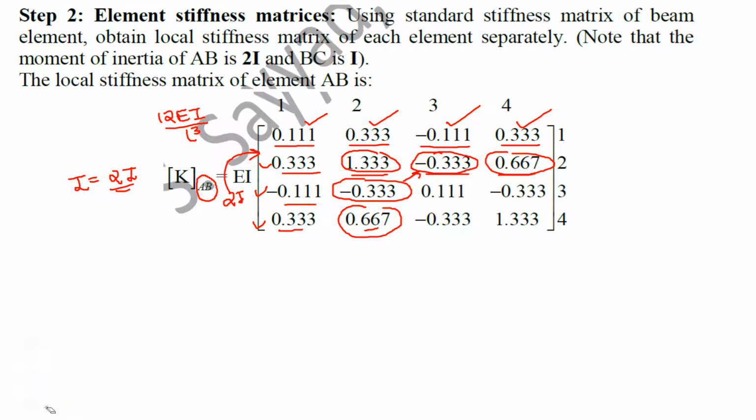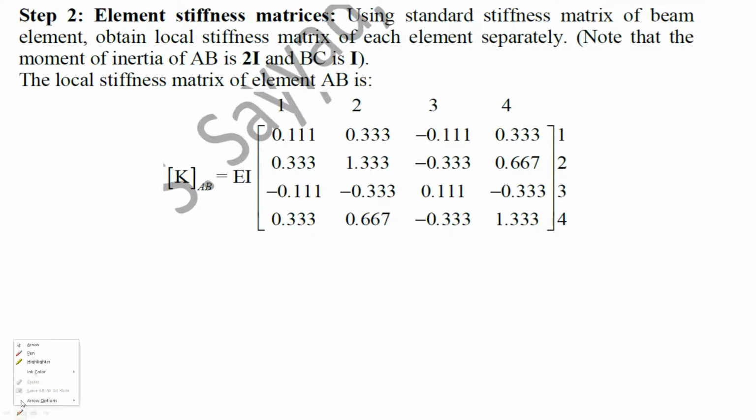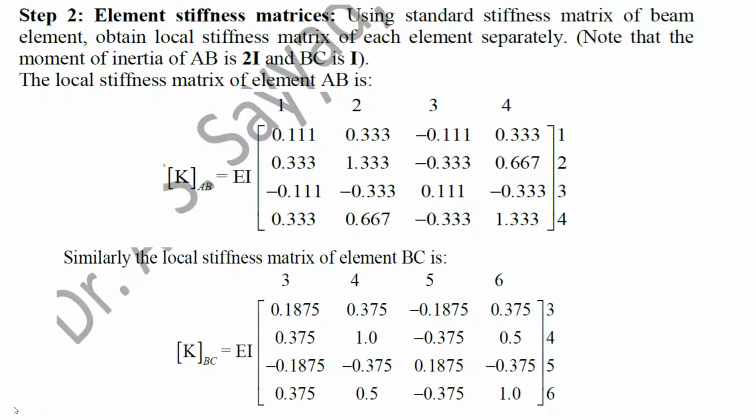Now similarly, the stiffness matrix of the second member, BC, is derived. For the stiffness matrix of BC, I is equal to only I, so EI is outside, and again we use the length of BC. Length of BC is equal to 4 meter, while length of AB was 6 meter.